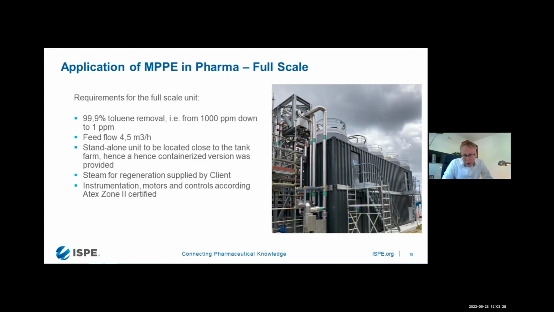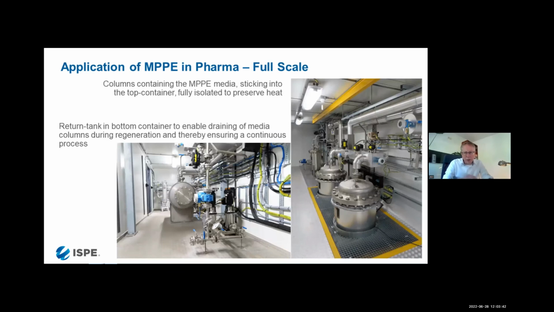Because this unit is in a zoned area, we had to comply with ATEX Zone 2 in order to make the installation explosion proof. These are some pictures of the inside of the container. Basically we have the 2 columns which are sticking through the roof of the bottom container.